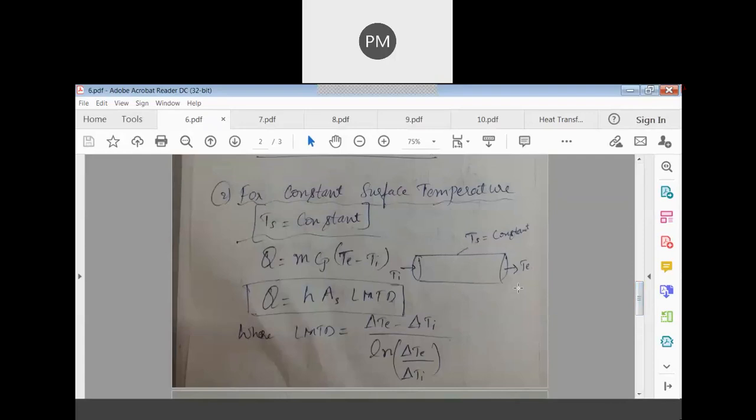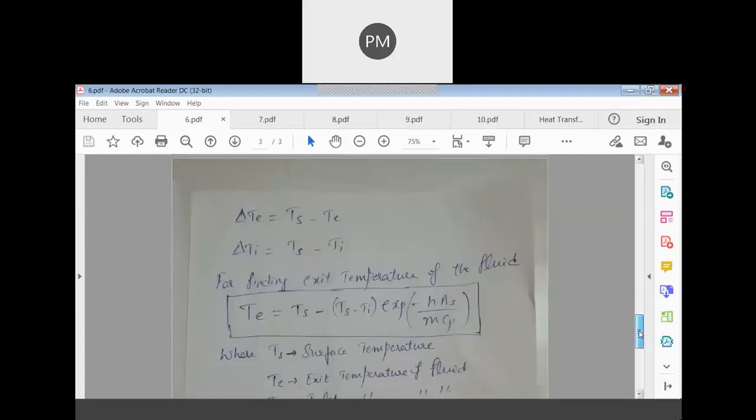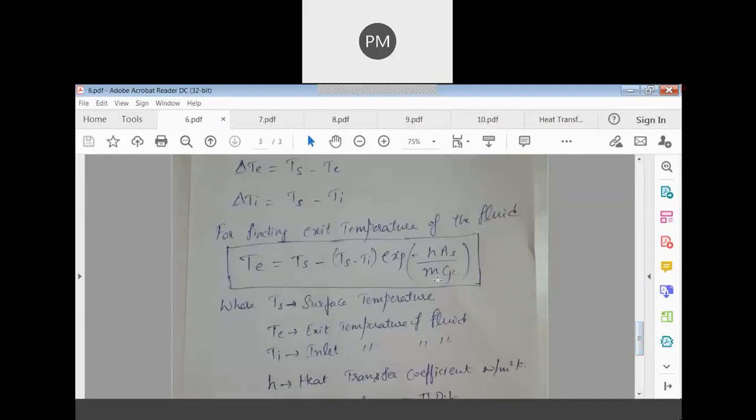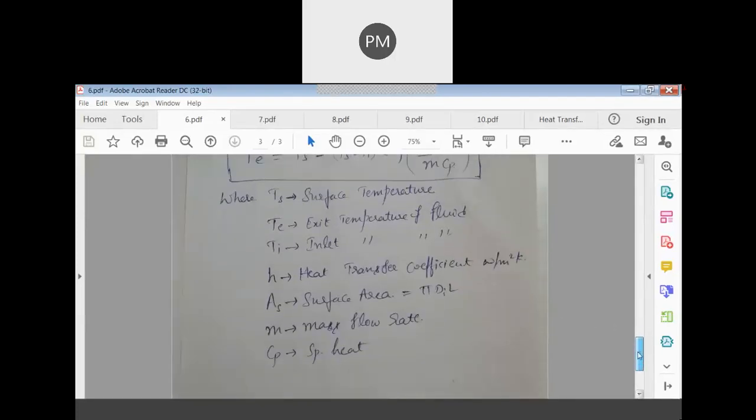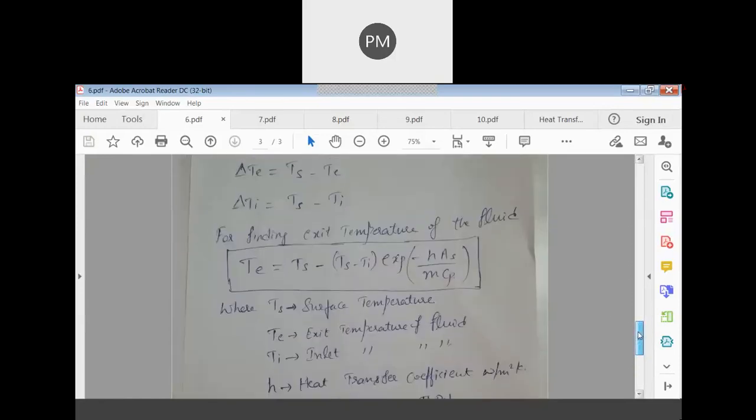Ti and Te are the inlet and exit temperature of the fluid. h is the heat transfer coefficient, As the surface area, m the mass flow rate, Cp the specific heat. Surface area we are going to take pi d L, here with the inner diameter.